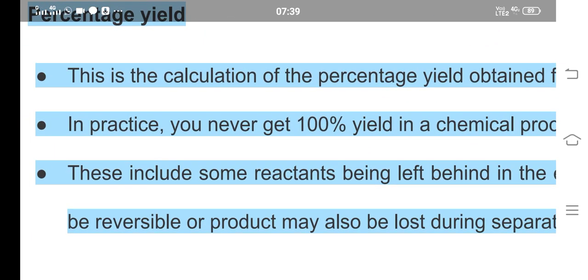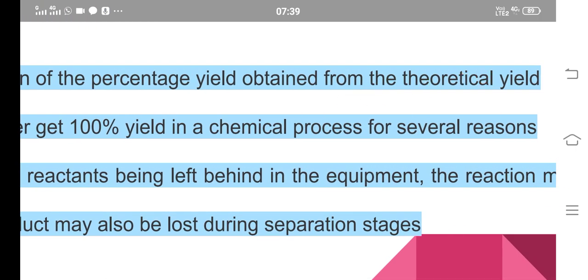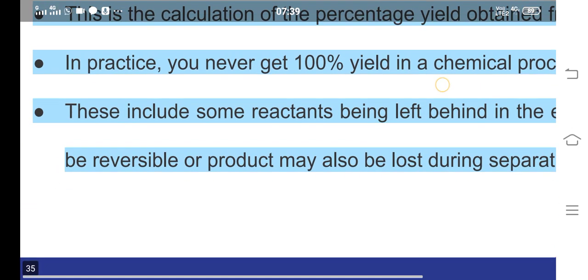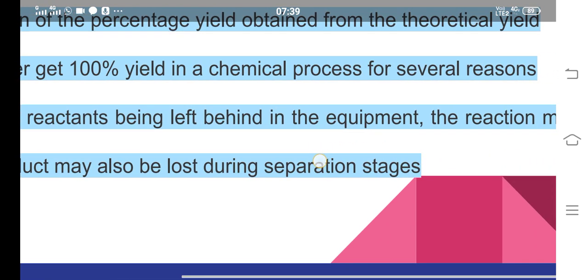In practice, you never get 100% yield in a chemical process for several reasons. These include some reactants being left behind in the equipment.